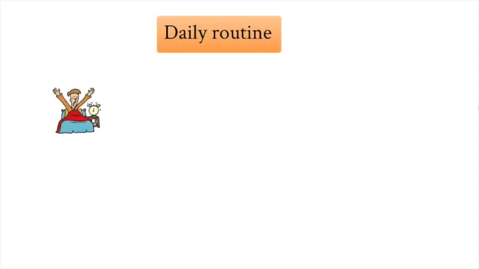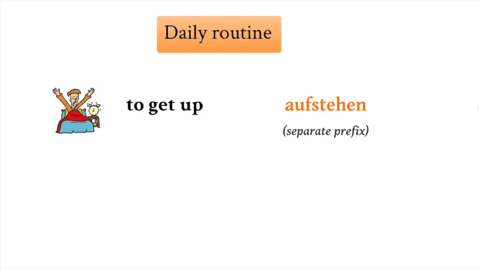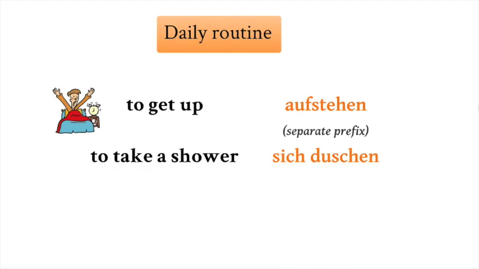The first word is to get up, in German, aufstehen. This verb is a separable prefix verb. The second verb is to take a shower, sich duschen. As you can see here, this verb is a reflexive verb. To get up, aufstehen, to take a shower, sich duschen.